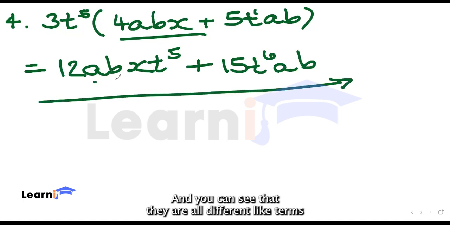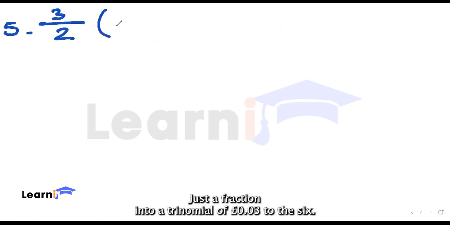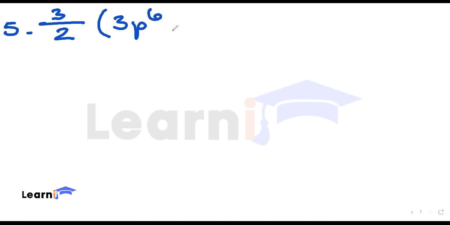And that is our answer for question number 4. And you can see that they are all different unlike terms. Question 5, we revisit fractions. So this is 3 over 2, just a fraction, into a trinomial of 3p to the 6 minus 5 over 8.